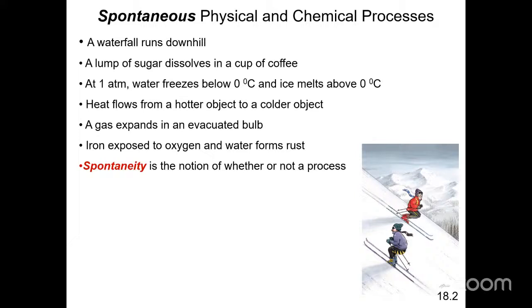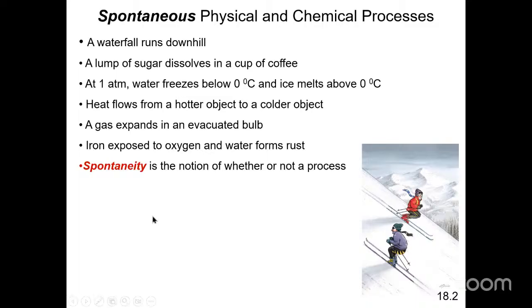At 1 atmosphere, water freezes below 0 degrees and ice melts above 0 degrees. Again, those are two examples of spontaneous processes. Heat flows from a hotter object to a colder object. Again, spontaneous. A gas that expands in an evacuated bulb is another example. And then this one, which is a slower process but still spontaneous: iron exposed to oxygen and moisture forms rust.